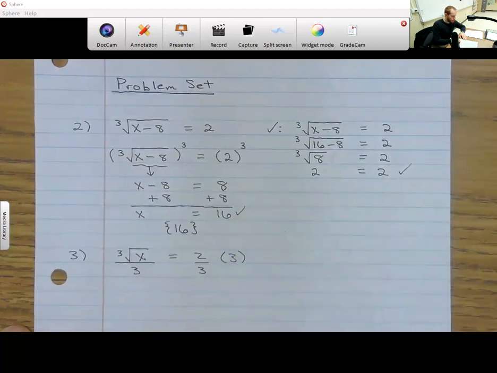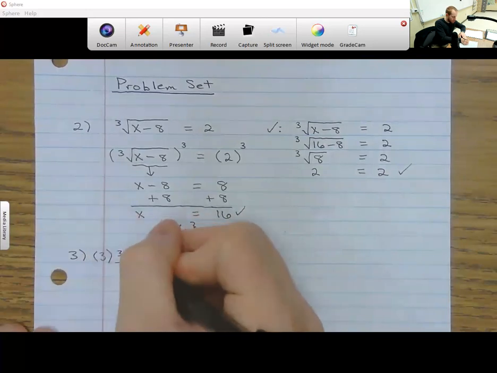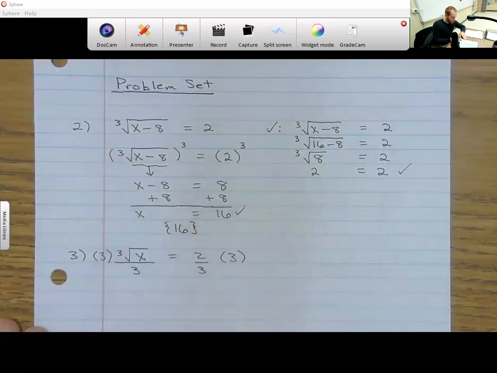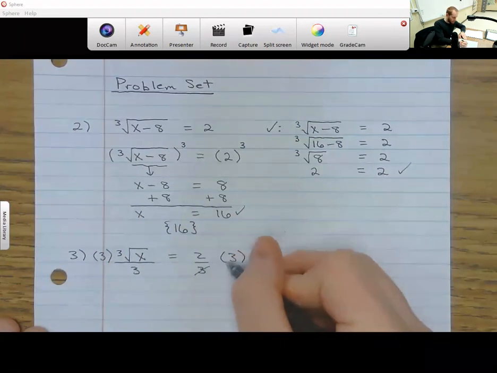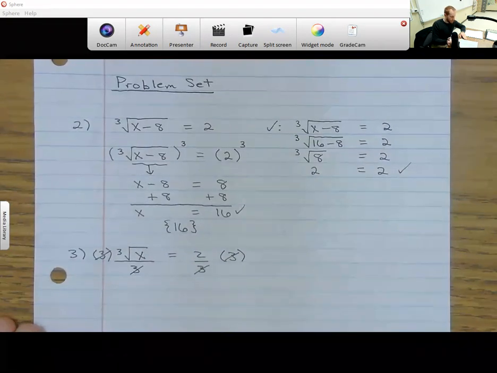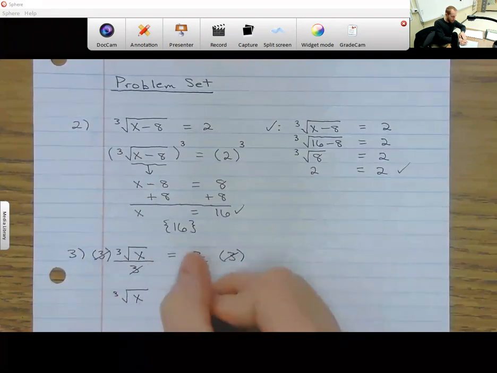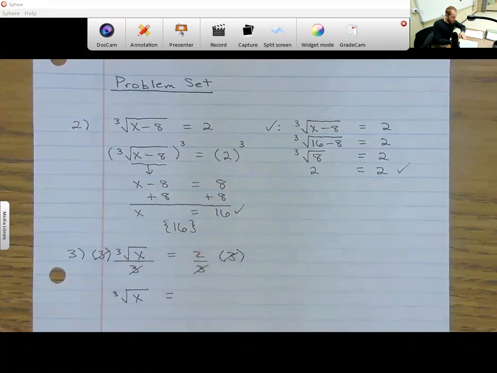I'll put a 3 over here, and I'm going to put a 3 in parentheses right here. I know I got a whole lot of 3's going on, right? But these 3's are going to cancel out, and these 3's are going to cancel out. So what happens here is the radical is going to come down as cube root of x, and then on the other side, I'm just going to have 2.